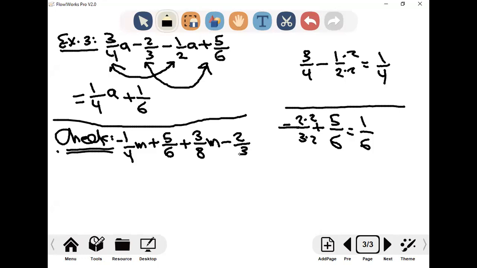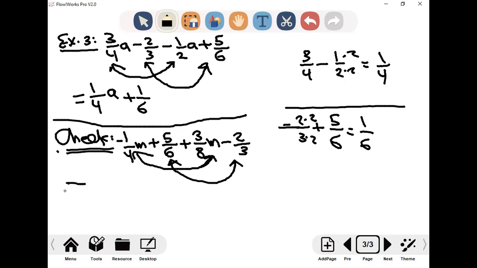Here we search for the like terms. We have m here and here. This term with this term are what? Like, right? And this term with this term also are like. So let's start with the variables. What's the coefficient here? Negative 1 over 4 plus 3 over 8.